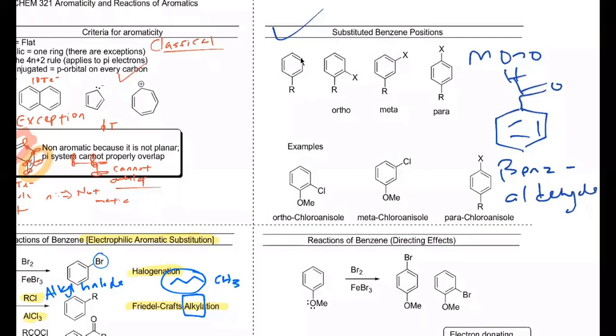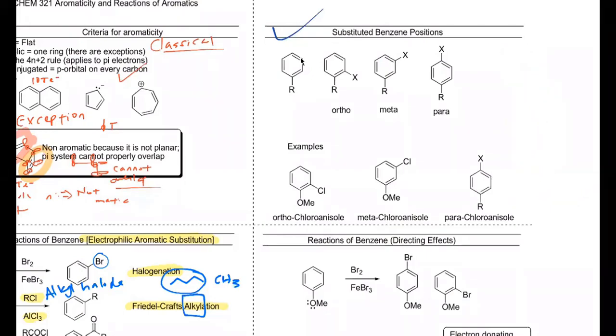So when naming benzene compounds, normally the benzene ring is the parent. There are some names that are common names and not technical names. For instance, if I have a benzene substituted with a methoxy group, the benzene is not the parent.